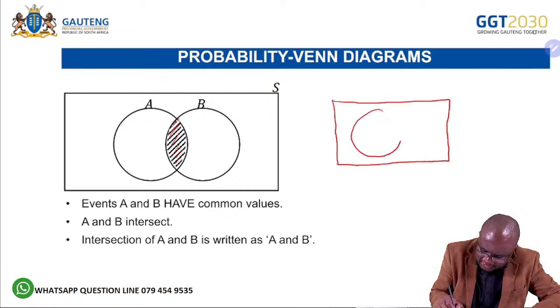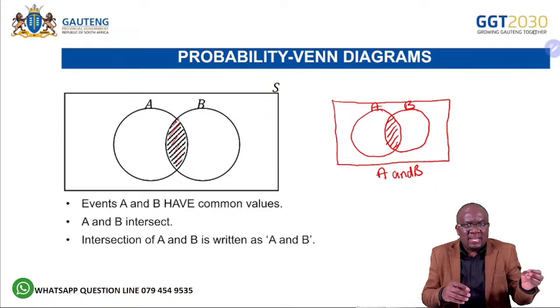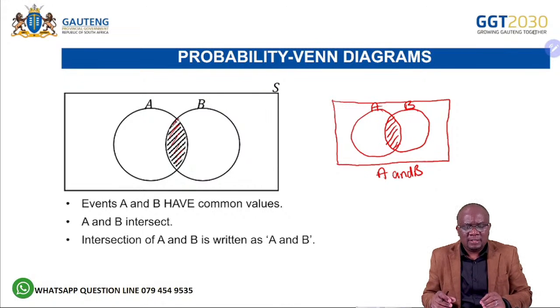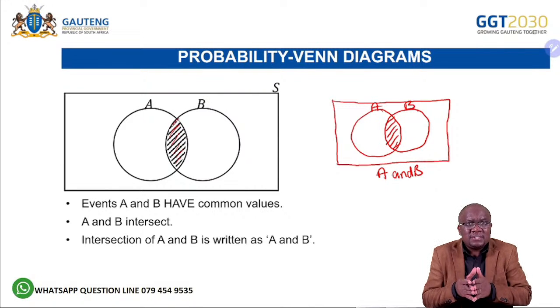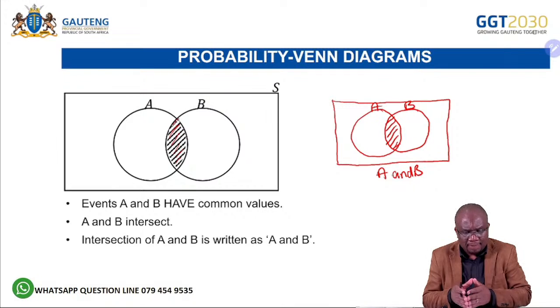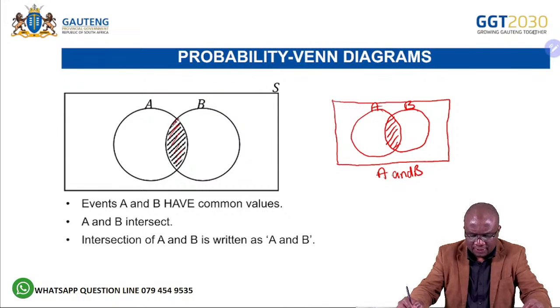Then you have event A, we have event B. Then this shaded region means A and B. It means these are the common outcomes that are found in A and B. We're looking at what the shaded region represents. Copy that first, and then we move on. We have a lot of them, I told you.